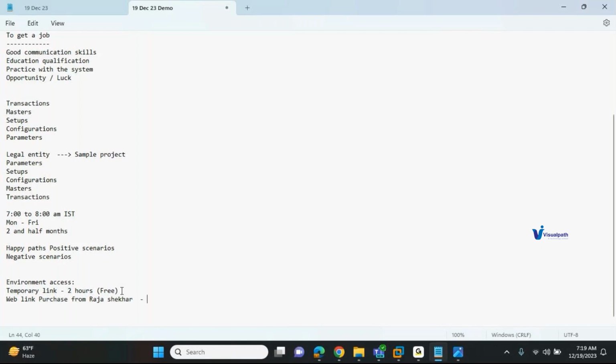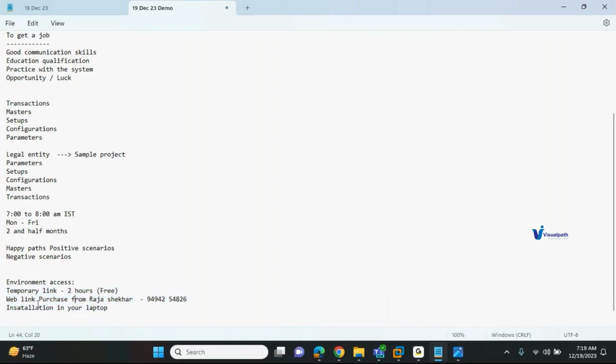Let me give you the number: 94942 54826. Otherwise, installation in your laptop. The same thing Rajashekar will do. For these two, you need to approach this person. He will charge some money for this one.